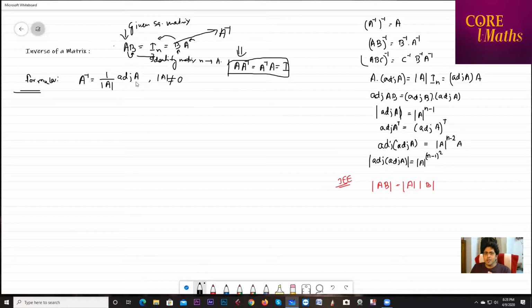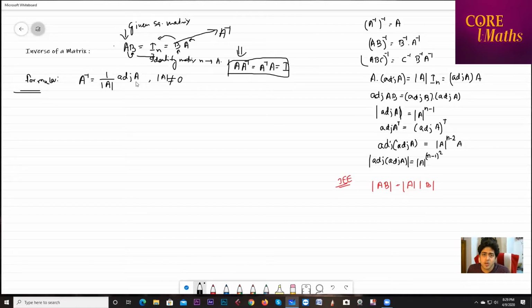If the determinant value of the square matrix is 0, then we know that the matrix is known as a singular matrix. So first you have to check whether the given matrix is singular or non-singular. You can find the inverse only if the given matrix is non-singular.